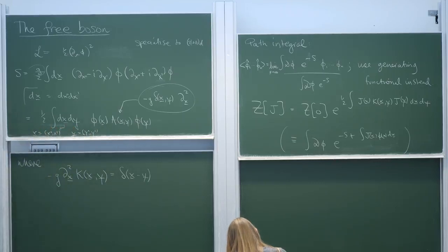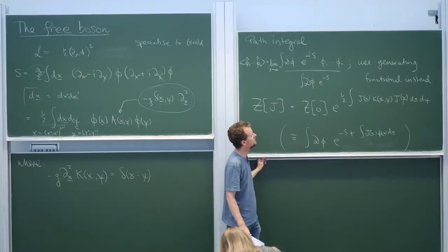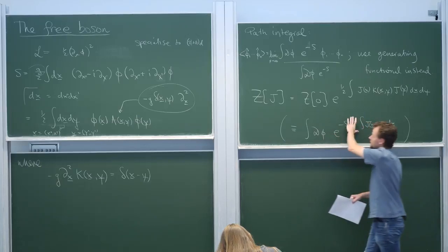This is by far the most satisfying way I know to quantize the free boson. It even feels reasonably rigorous when you do this, completing the squares to compute the generating functional.